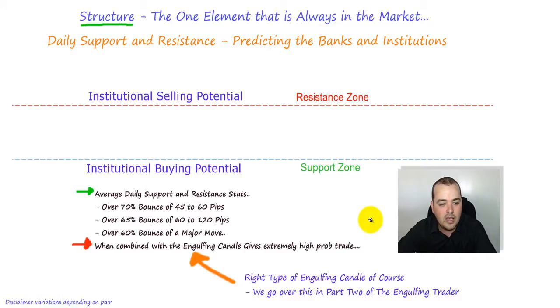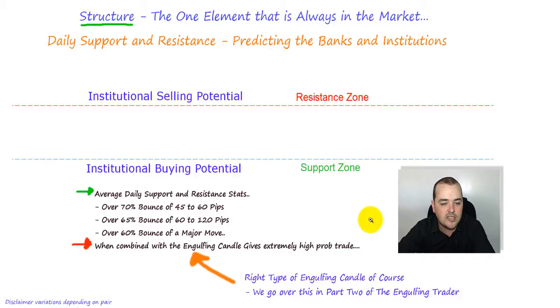Right? As for another stat, there's over 65% chance of a bounce of 60 to 120 pips. Now that can be a little bit more depending on the volatility of the pair. It can also be a little bit less if it's a low volatility pair. There are variations between pairs. This is an average guide.